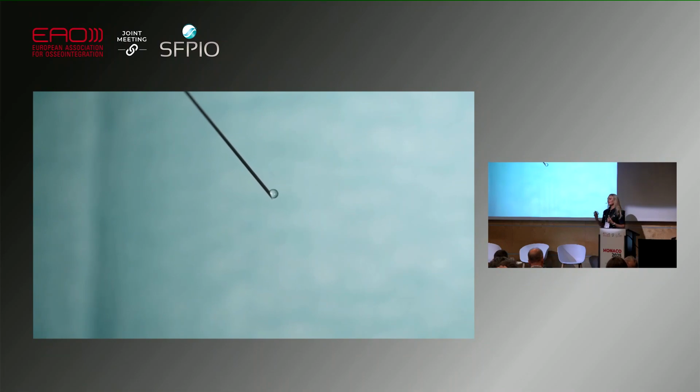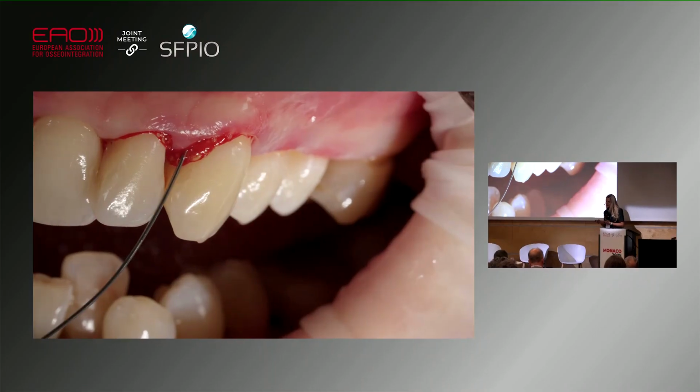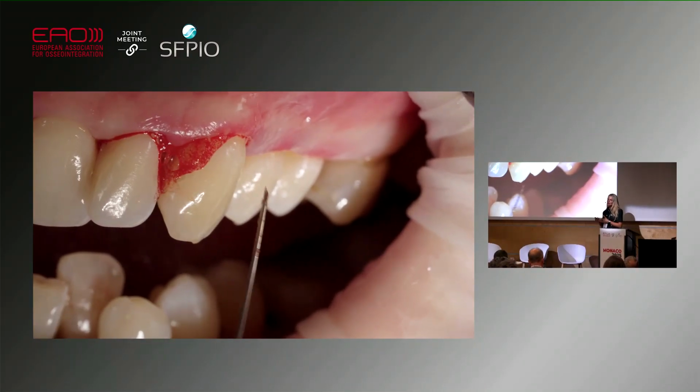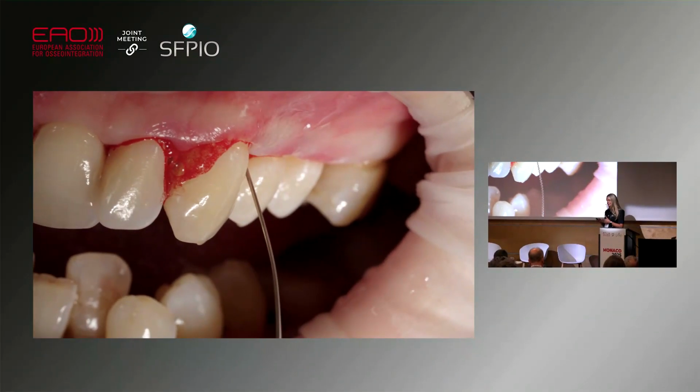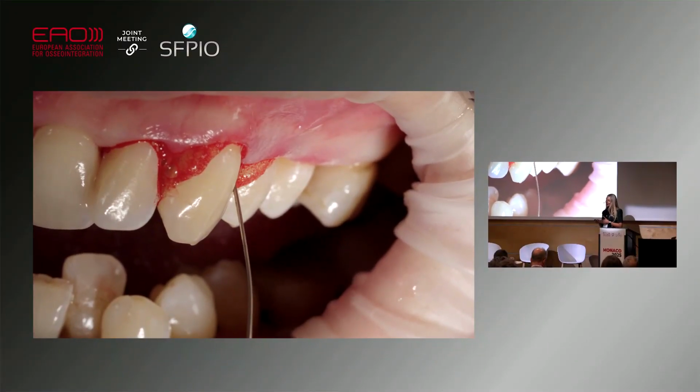The cross-linking technology leads to the fact that the material is very viscous, okay? So we apply it to the pocket and it may remain stable for a time frame of 4 to 6 weeks. And here we apply the material to the pockets after the instrumentation.